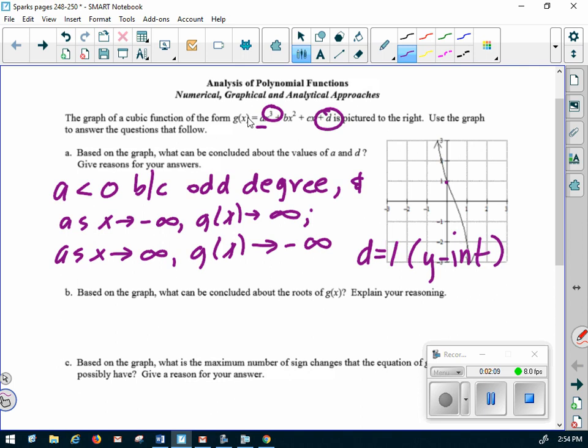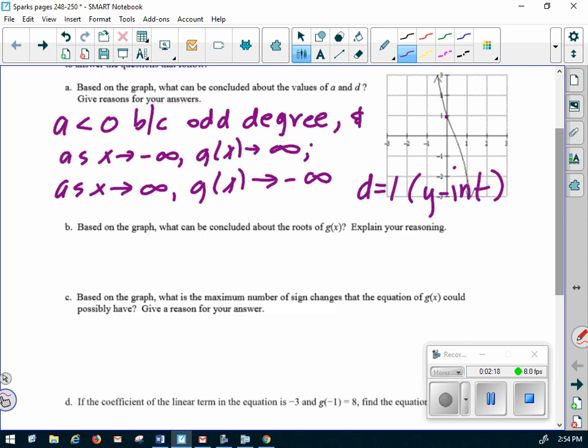Now look at question B. Based on the graph, what can be concluded about the roots of g of x? Well, all I see is one positive root. I see one positive root.